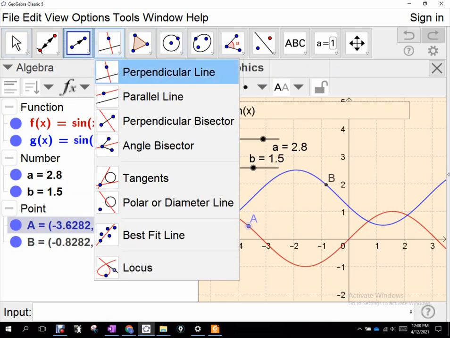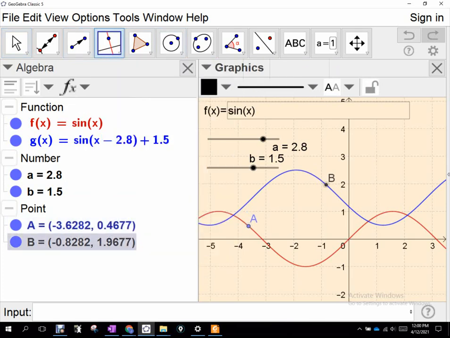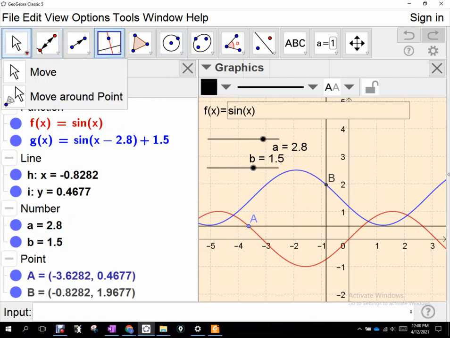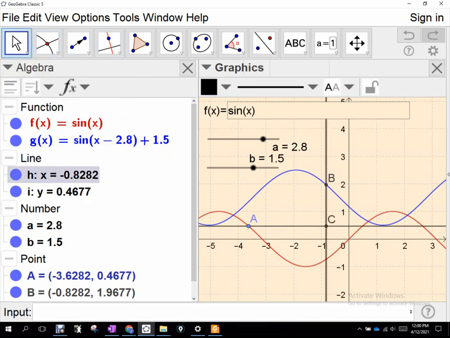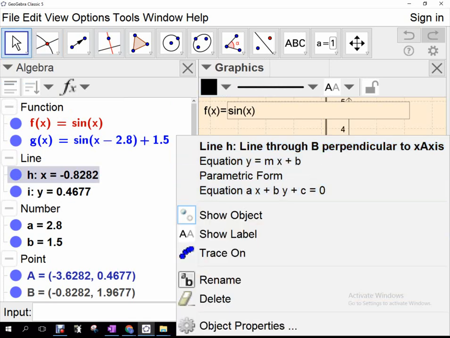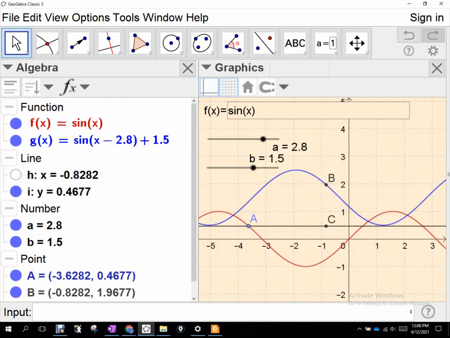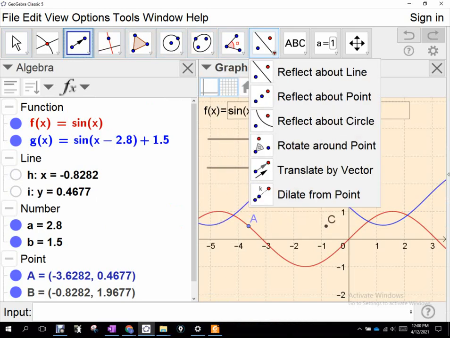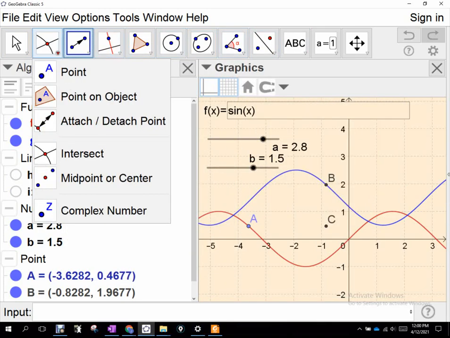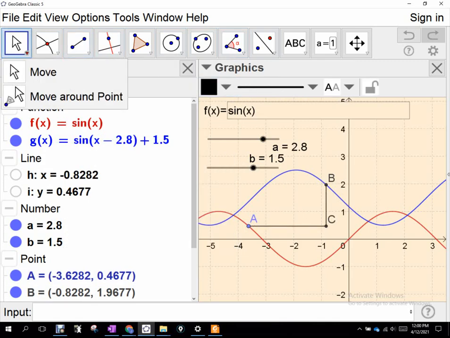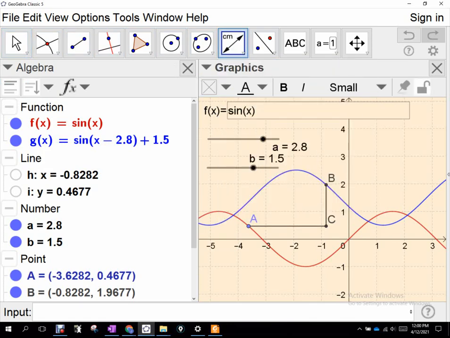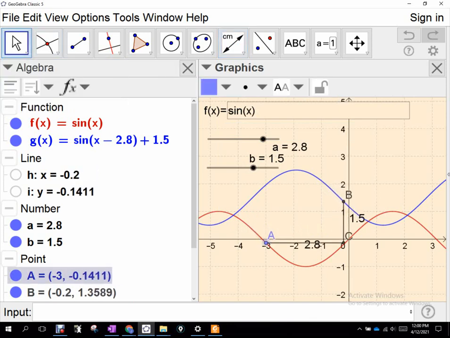Because every single time, what transformations are showing us is that here, that distance right there and that distance right there are always 2.8 and 1.5 as we move A along here.